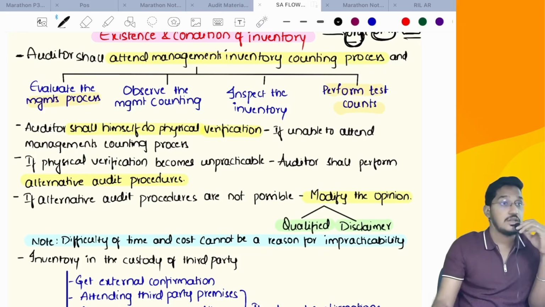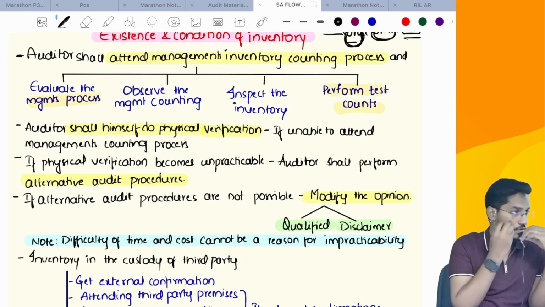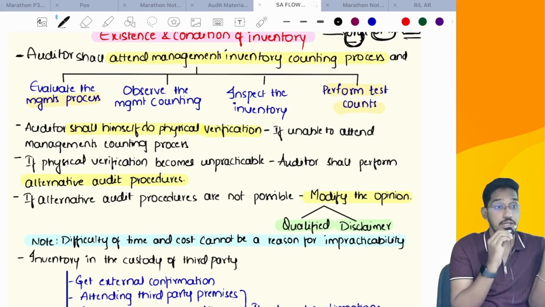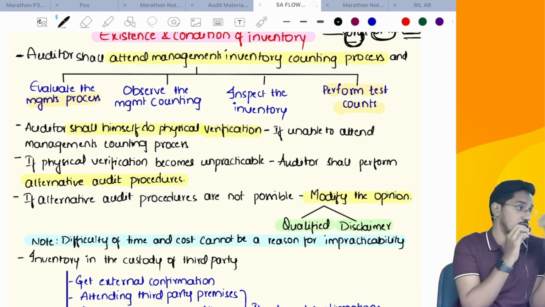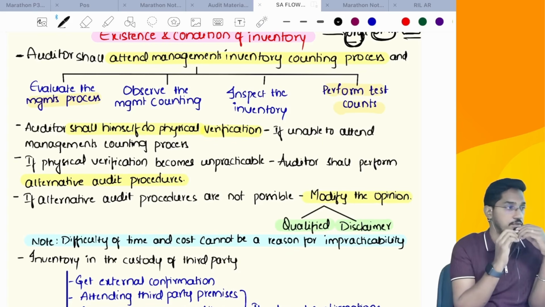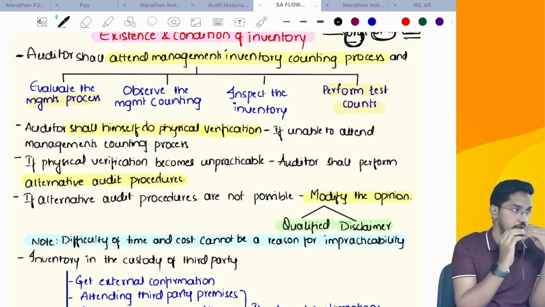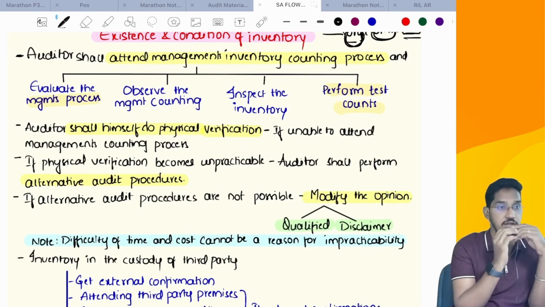Sometimes what will happen is your client owns a stock, but that stock is not with your client. That stock is in the custody of a third party. Someone else is holding that stock. Now what should the auditor do? In case the inventory is held by some third party, for that also you need to obtain audit evidence. How will you obtain it?